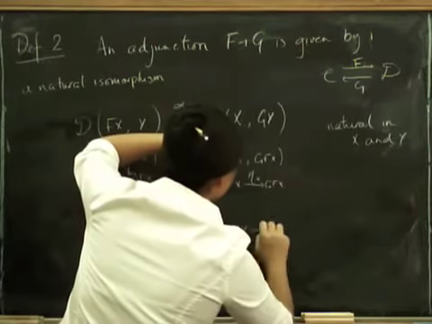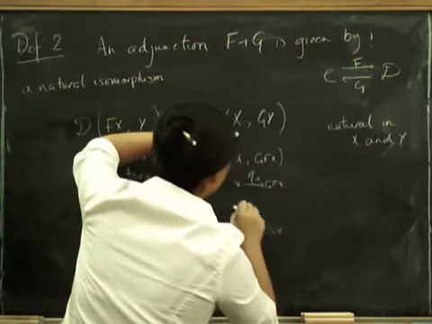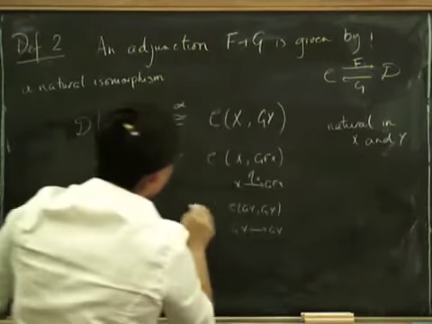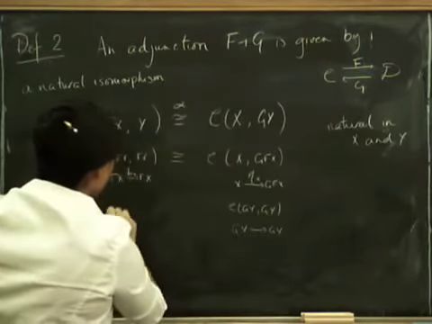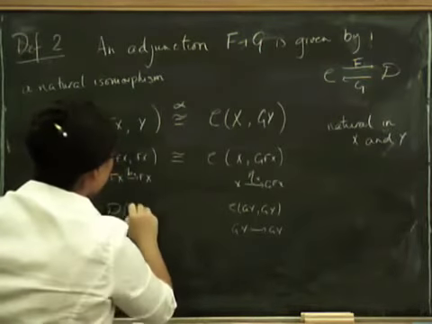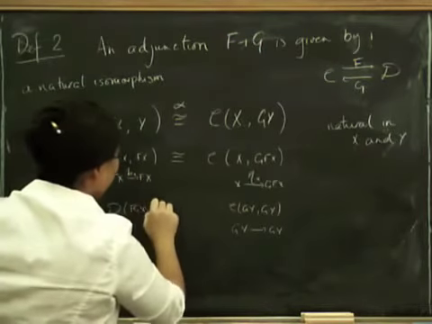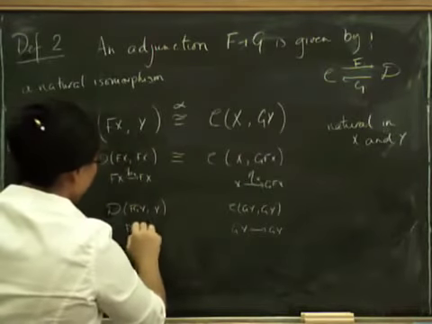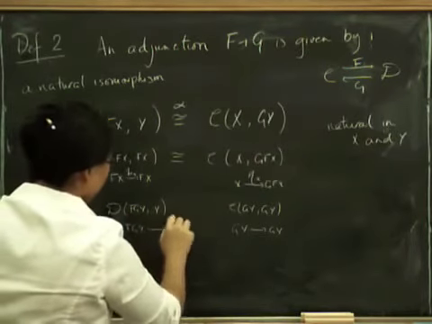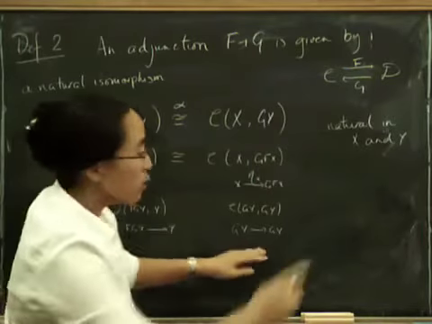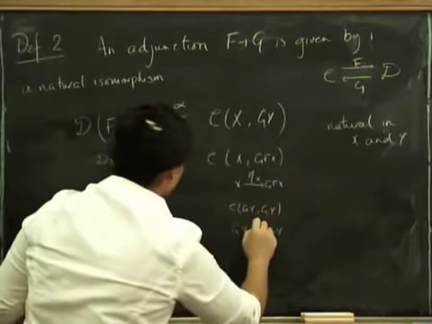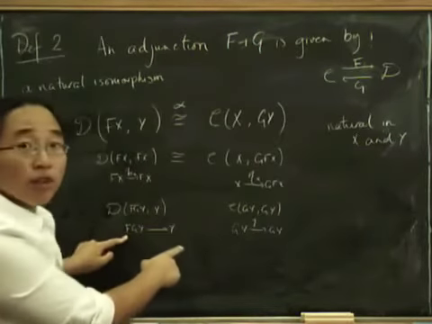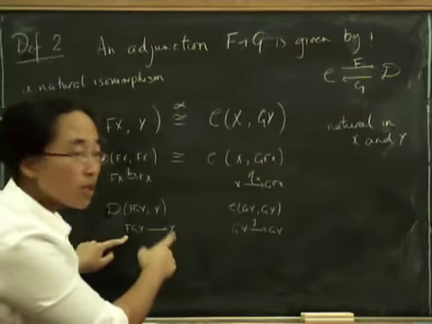So if we take something from g of y to g of y, which is in c of gy, comma gy, across this isomorphism, it's going to correspond to something in d of f gy, comma y. So a morphism from f gy to y. What are we going to use here? We're going to use the identity on g of y, and that's going to send us to exactly the right kind of component we want to be a co-unit.